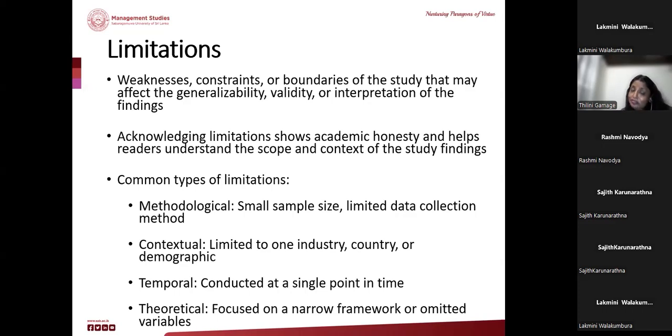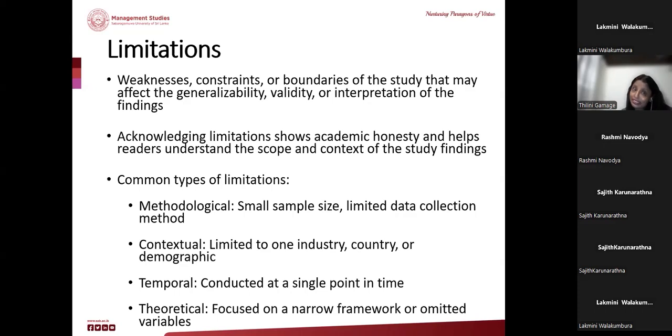These types of limitations are common to most people. In most studies we see contextual limitations where they try to restrict to a specific industry or a specific geographical area, country, or a specific demographic cohort like Gen Z, Generation Y, like that.